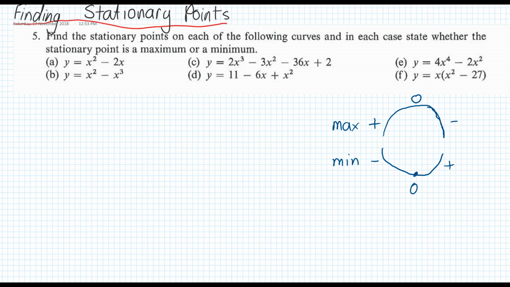Okay, the final one, our third type, is a point of inflection, and it's where the curve goes up, stops going up, then starts going up again, or goes down, stops going down, then goes down further.